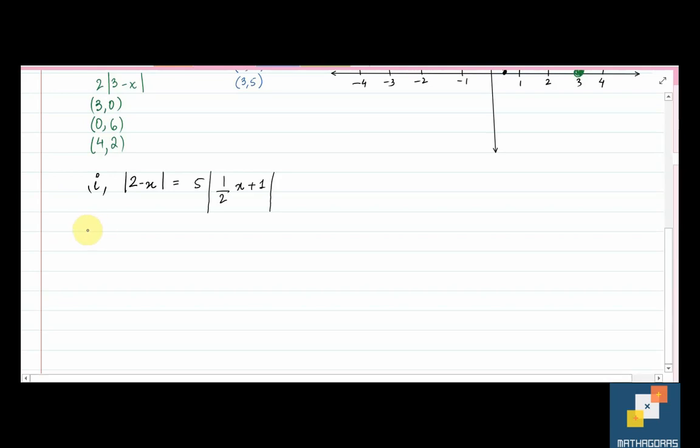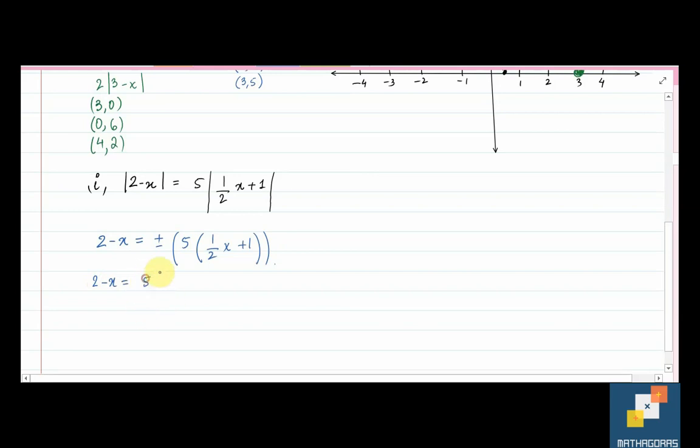by yourself. So it will be 2 minus x is equals to plus minus 5 into 1/2x plus 1, right? Now when I solve with the positive sign, it will be 2 minus x is equals to, not 5/2, again I made a mistake.